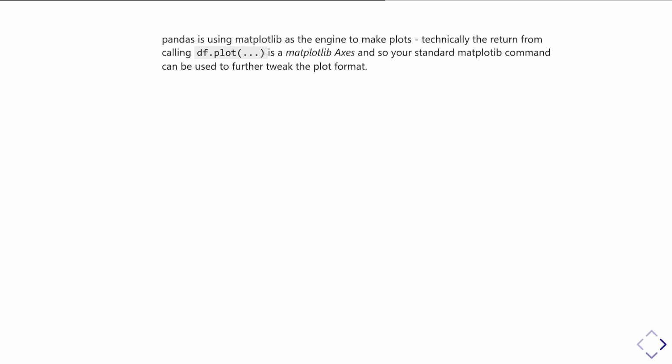Pandas is basically using matplotlib as the engine with which it's making the plots. So technically the return value from the plot function is a matplotlib axes, or a list of axes in the case where you turned on subplots. And so your standard matplotlib commands can be used to tweak and refine the plot that's produced.